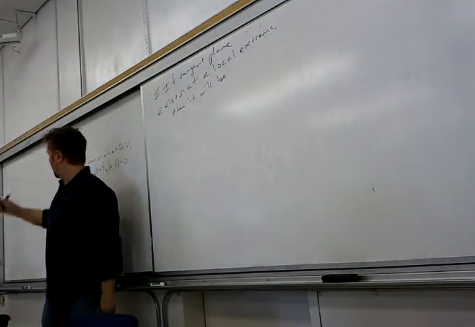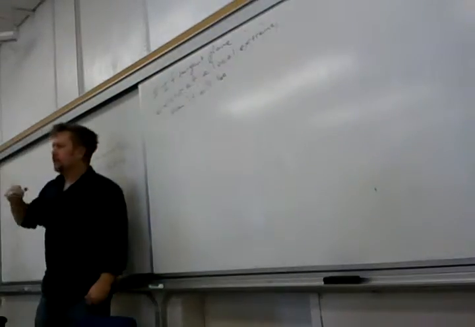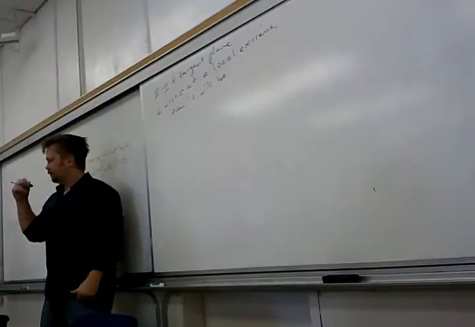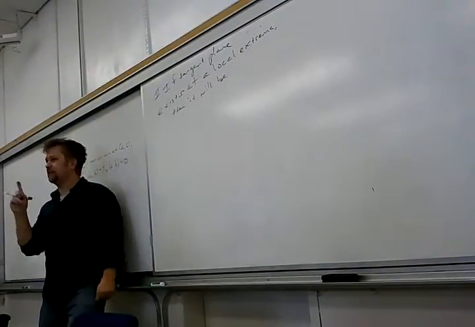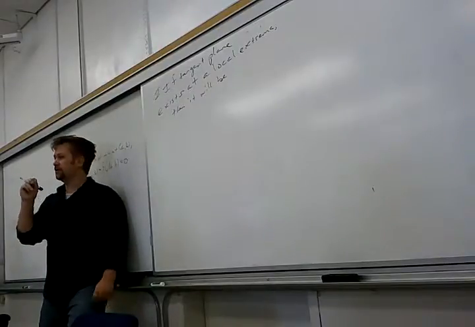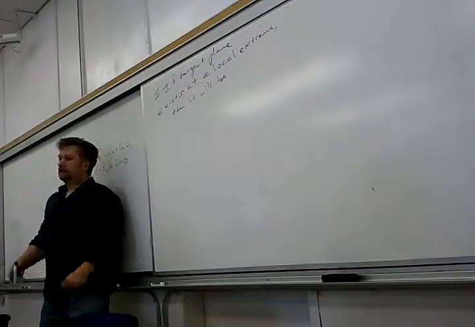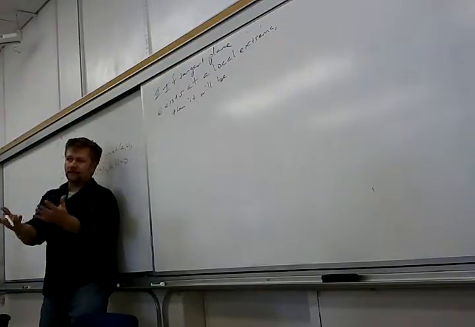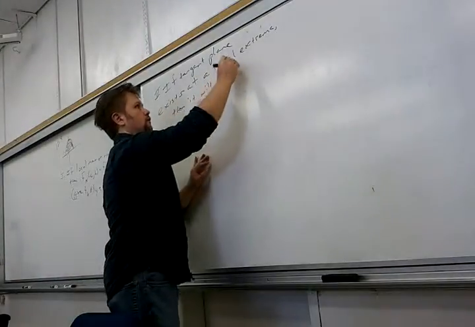Looking back at this picture here, what do you think must be true about a tangent plane at the location of an extremum? Sort of like what's true about the tangent line where there's an extremum. Yeah, it's got to be a slope of 0, which means what kind of a line, which means what kind of a plane? Horizontal. So then it will be horizontal.